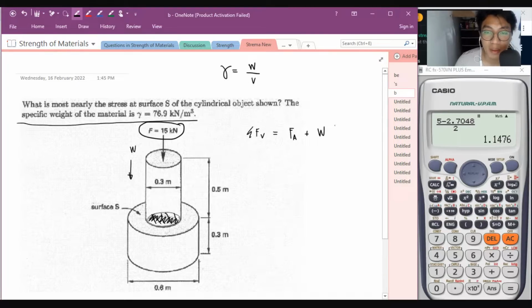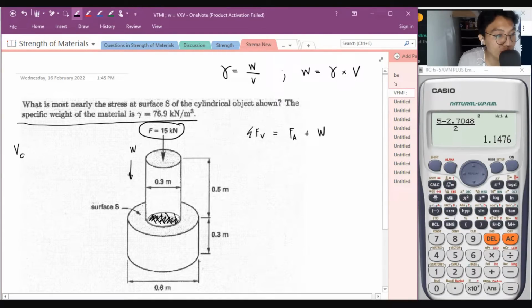Now, how will we get it? Let's reform. We are looking for weight, so gamma multiplied by volume. Now, the volume of the cylinder is equal to pi over 4 d squared multiplied by the length or the height.